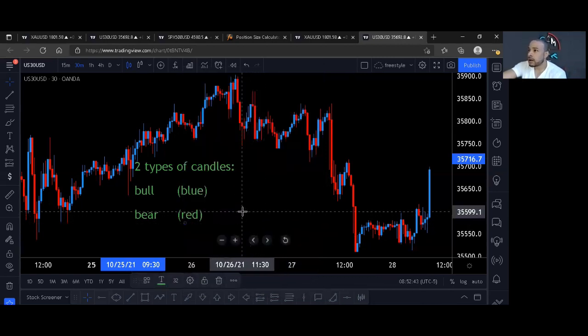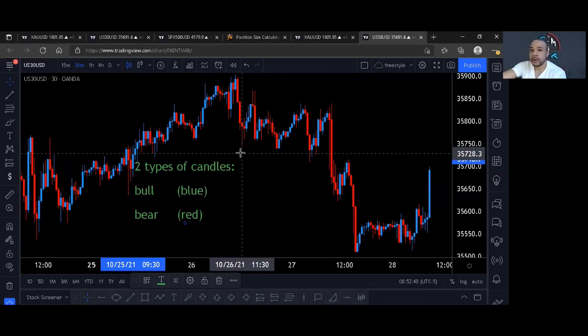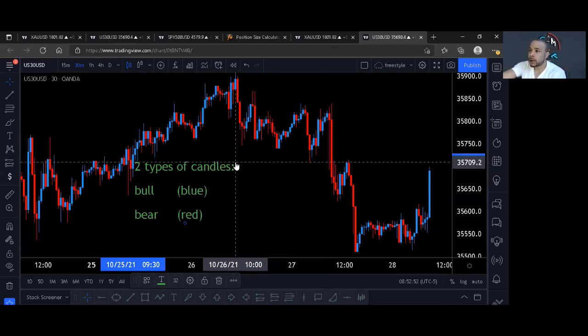And so now when you're looking at this chart, you now know what the market is doing. The market is giving you moves every single candle in regards to price.